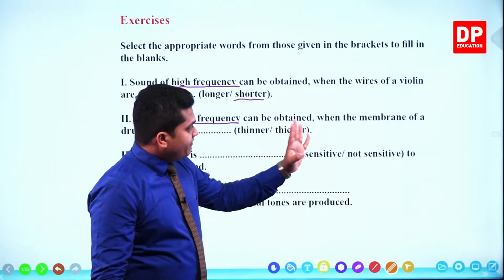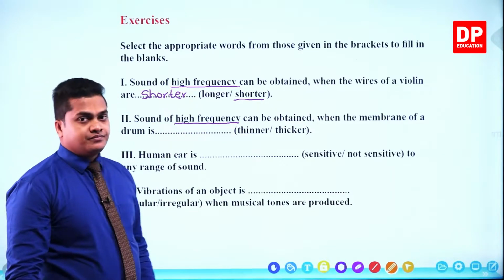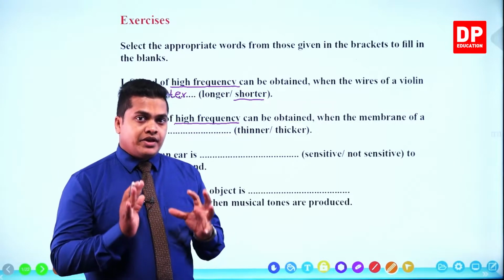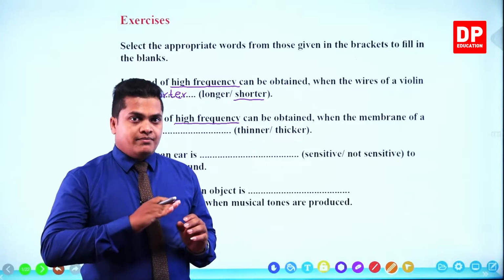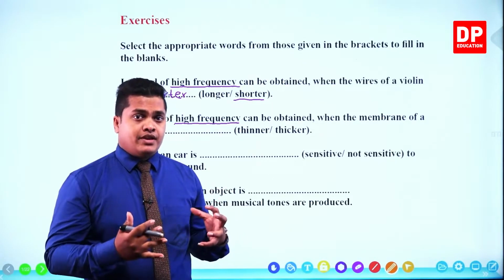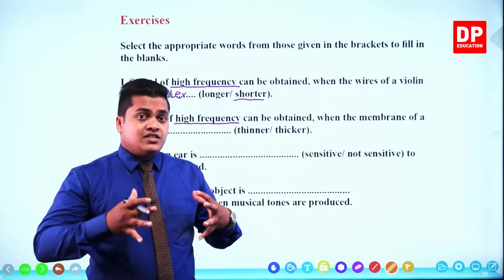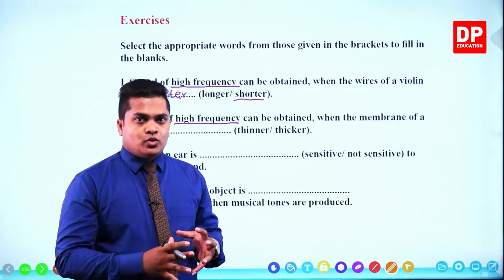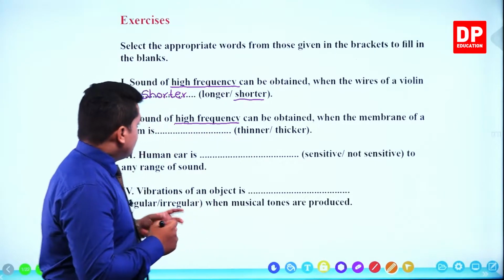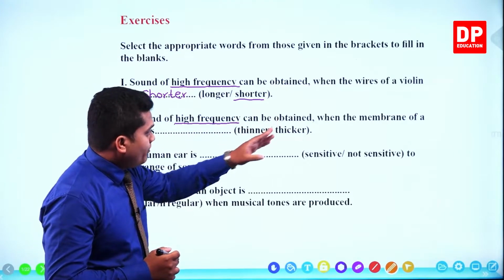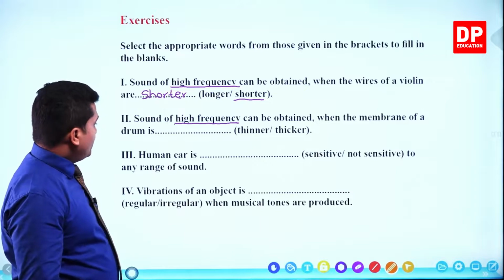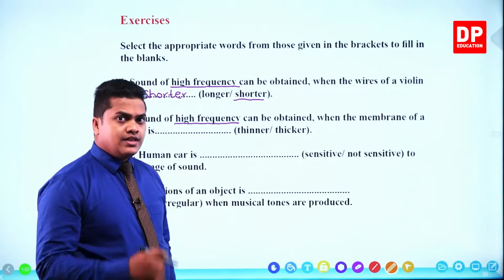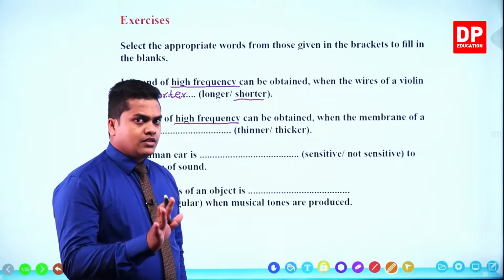Sound of high frequency can be obtained when the membrane of a drum is blank. When you take a drum and the membrane has more tension, when it is stretched or tightened, you can hear a sharp sound, because in that situation the frequency is high. The words given here are thin or thick.